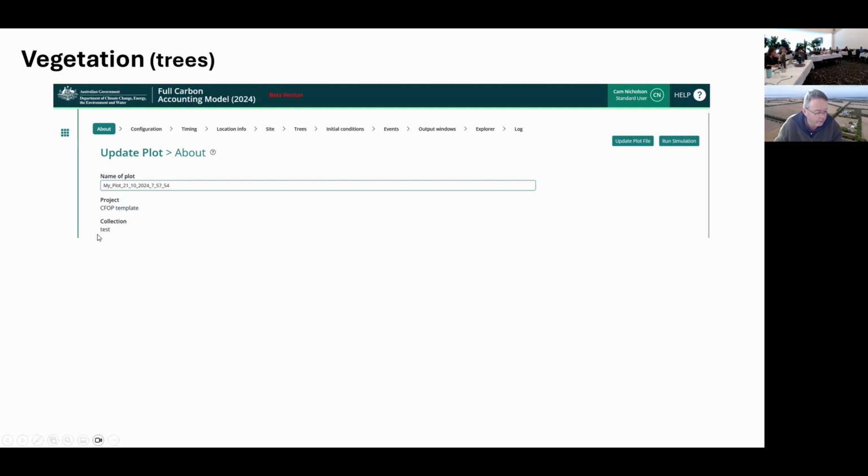I had a crack at writing some instructions on how to use the 2024 version of CAM. I was hoping to be able to give you, as I said, a template which would bring all that in, but I don't think I can at the moment, and I've run out of time to work that out. But if you go to page 8 of the opportunities for sequestration Word document, it will have the instructions of how to build that.